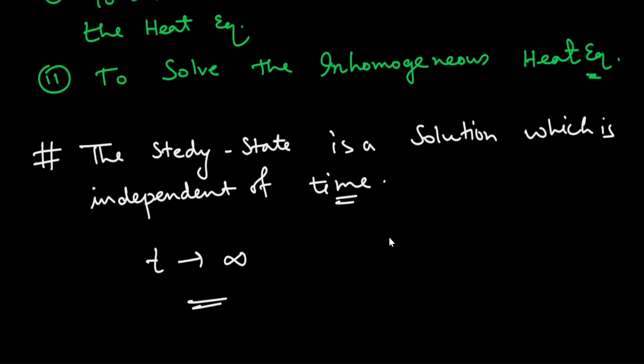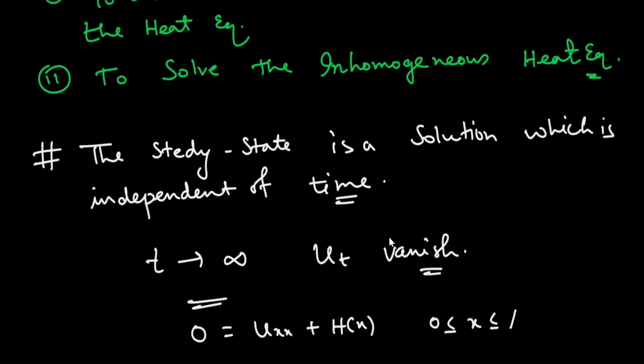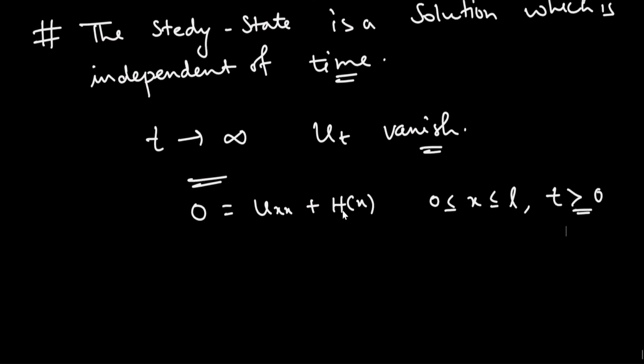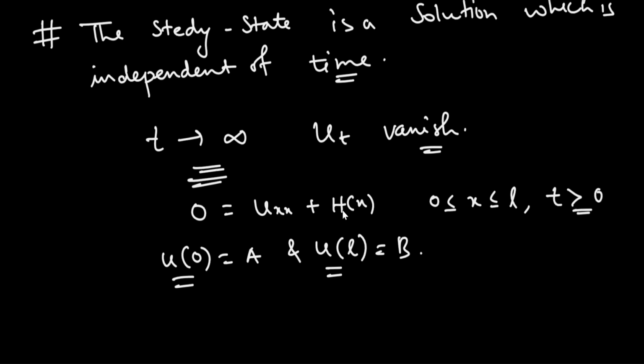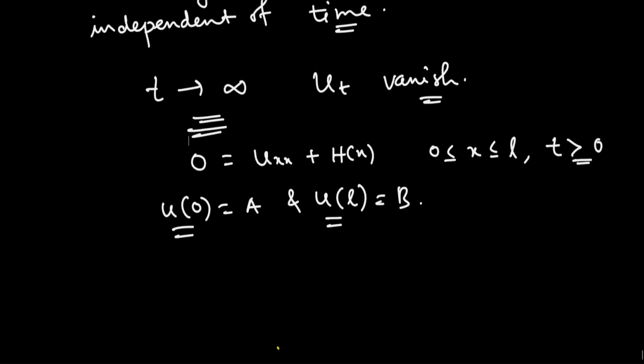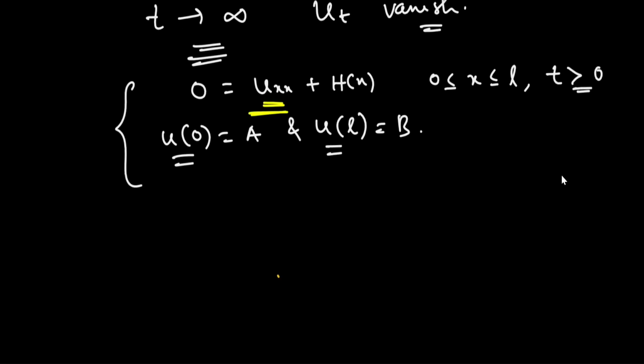For the heat equation u_t vanishes, therefore the remaining equation is 0 equal to u_xx plus h(x), 0 less than or equal to x less than or equal to L, and the boundary conditions reduce to u(0) equal to A, and u(L) equal to B. Since u is now time independent, for t tending to infinity the u_t term vanishes, therefore this is clearly an ODE.